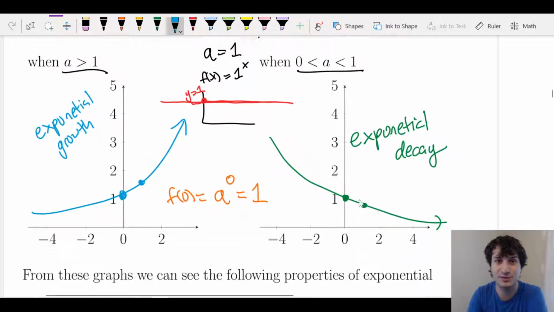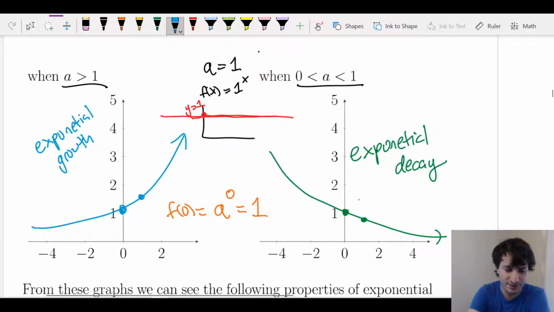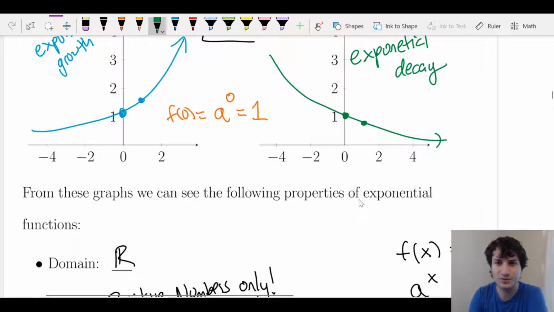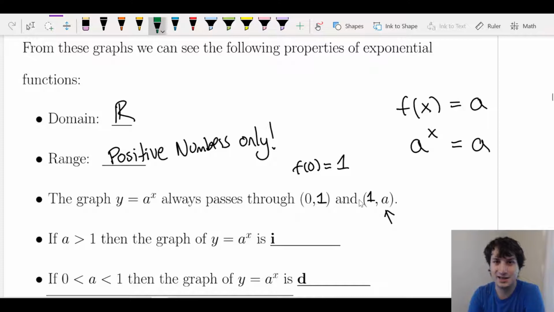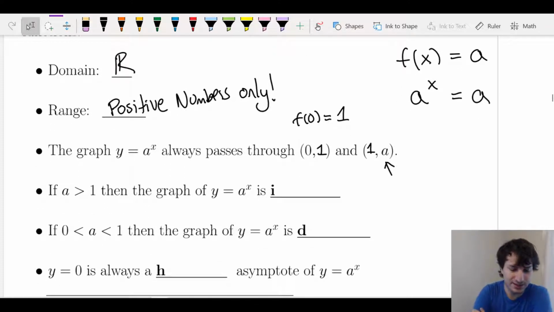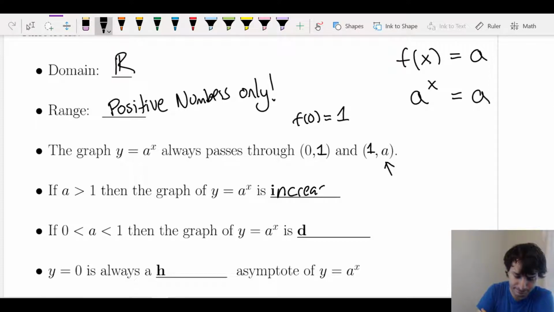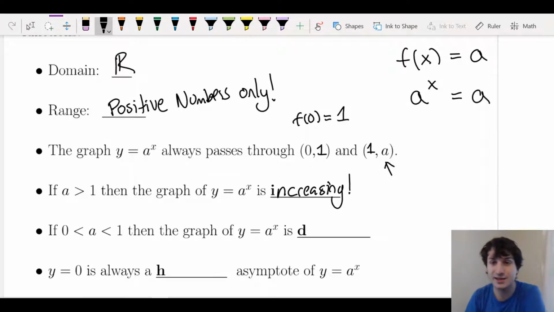That's because a was bigger than 1. And on this side, a is between 0 and 1, so it's a little bit lower than 1. Those are two important points to know for this graph. So when a is bigger than 1, the function is increasing. And when a is between 0 and 1, the function is decreasing.